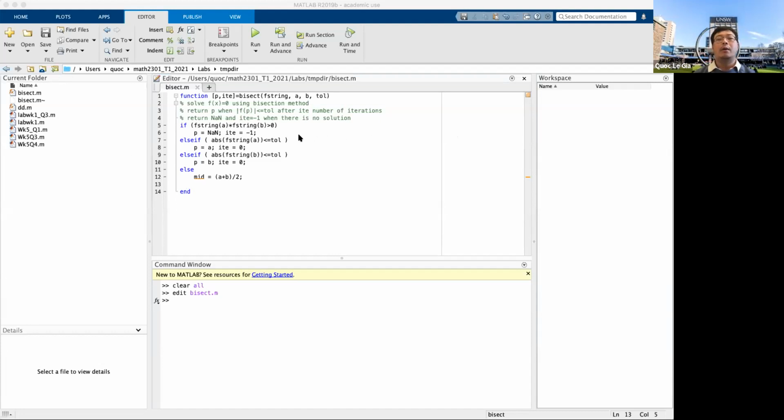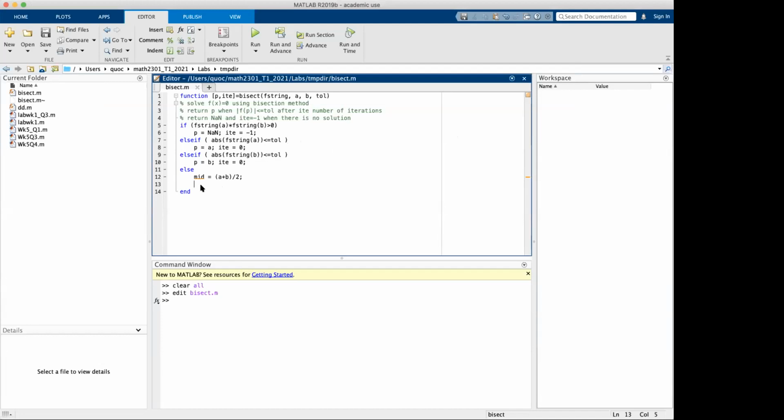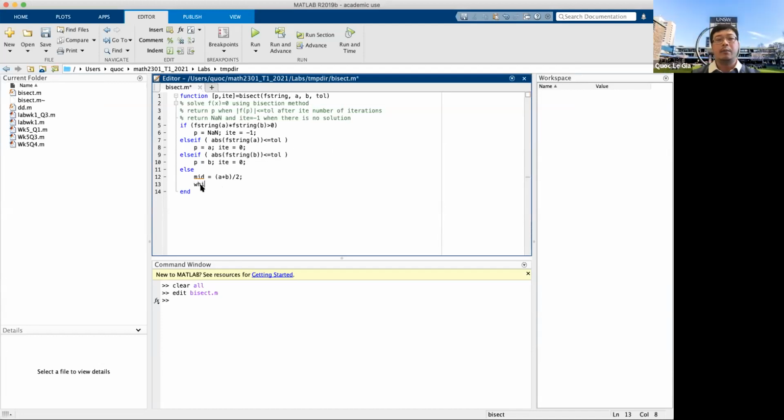So we keep iterating as long as the absolute value of f of the midpoint is still bigger than the tolerance. So we don't know, so we just use a while loop instead of a for loop. So while the absolute value of f of the midpoint, and remember, do not forget the absolute value because it could be negative, is still bigger than the tolerance, then we keep doing it, right?